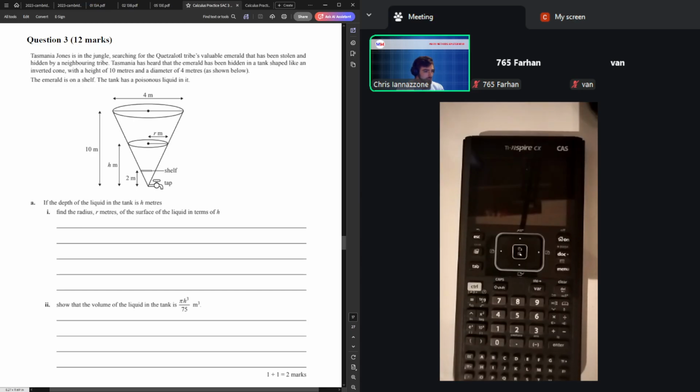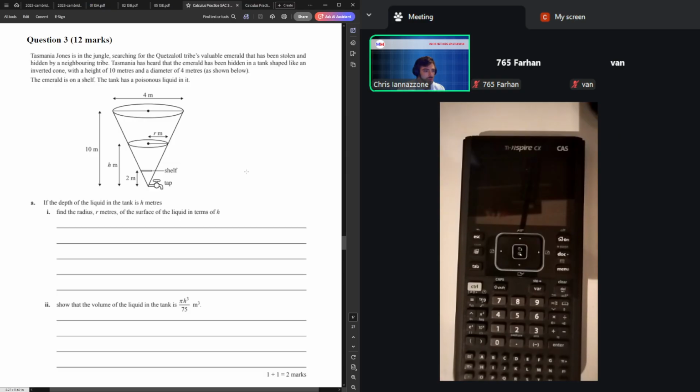If the depth of the liquid in the tank is h meters, so in the diagram we're assuming that the height of the liquid in this conical tank is going to be roughly there, h just being a stand-in for any particular height of the liquid. But assuming the depth of the liquid is h, we are now trying to find the radius r of the surface of the liquid in terms of h. So r equals something with h in it.